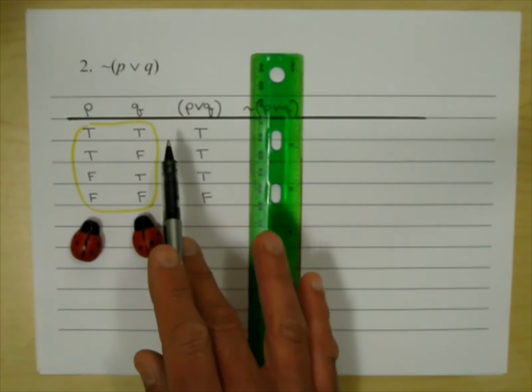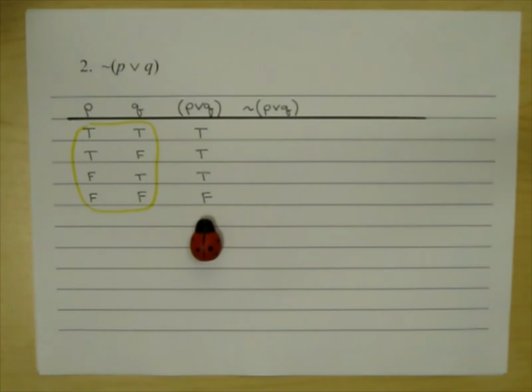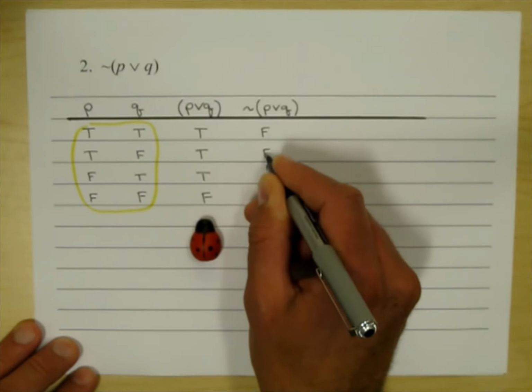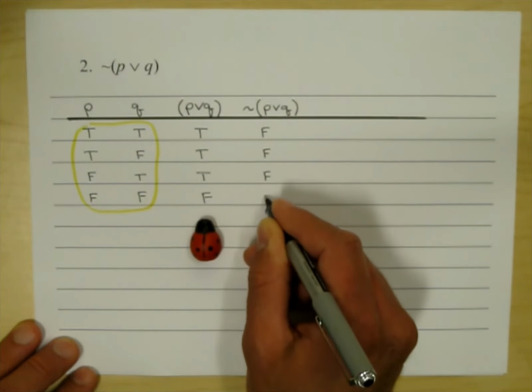Okay, so now the next thing I'm going to do is the negation. So when the negation is involved, then one of the bugs has to leave. I'm going to take the negation of that column there, the column saying true, true, true, false. So the negation of that will be false, false, false, true.